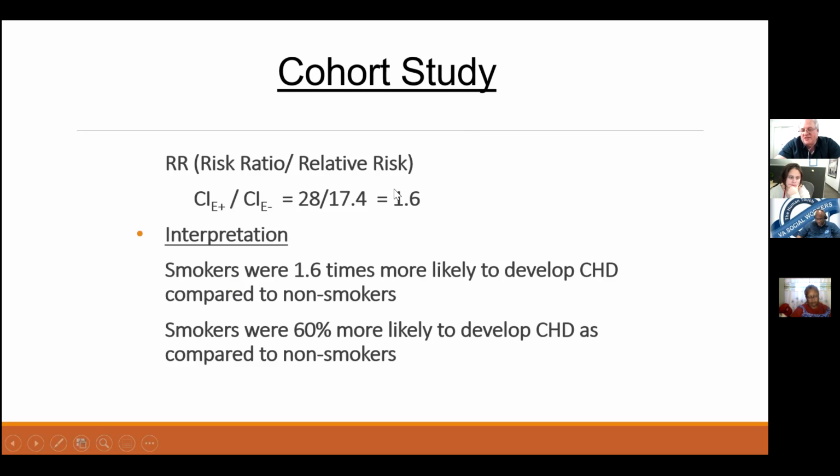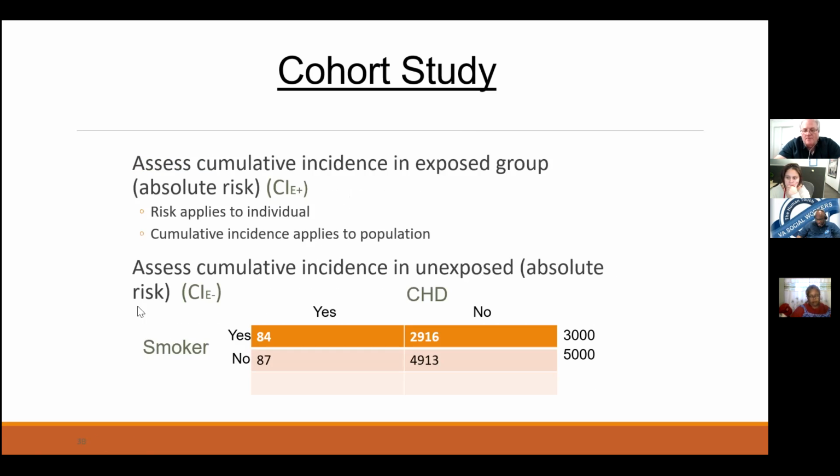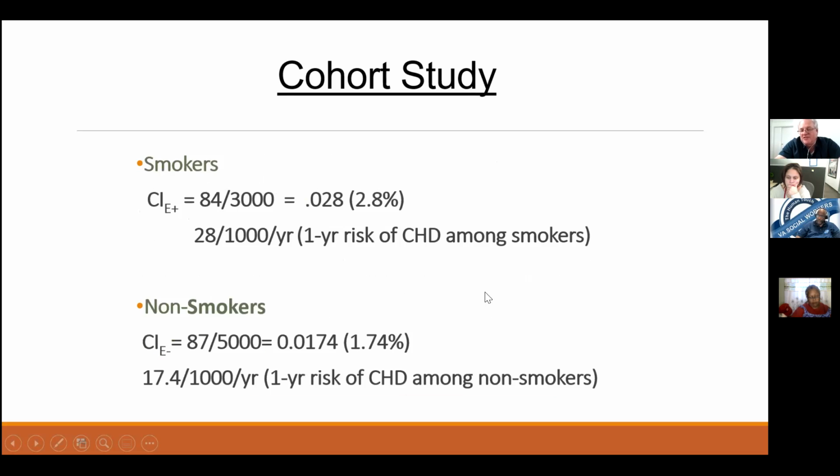If I want to know whether this is statistically significant or not, that's a different question. Statistical significance means, if there truly was no relationship between smoking and heart disease, how likely is it that I would get these differences? How likely is it that I would see a difference of 1.74 versus 2.8? The p-value, which we're not focusing too much on today, tells you the likelihood that this difference is due to chance, or could it be real?